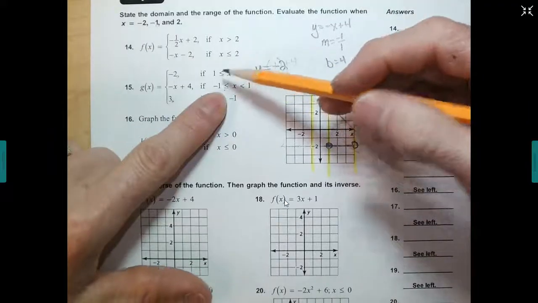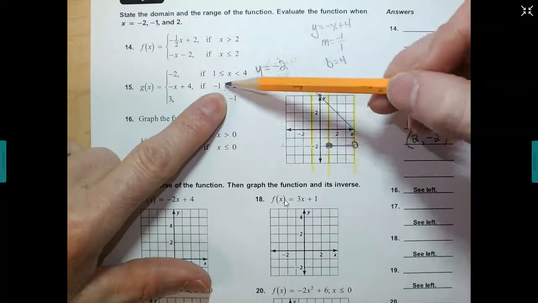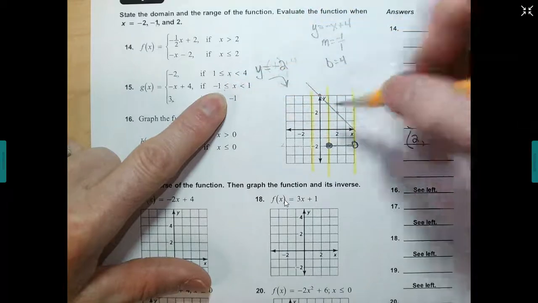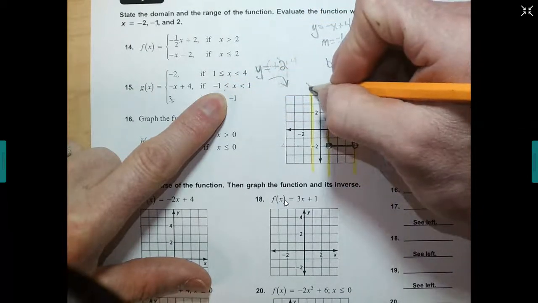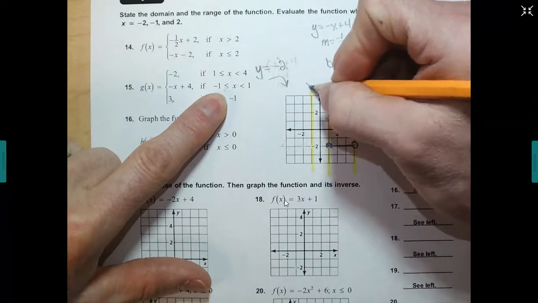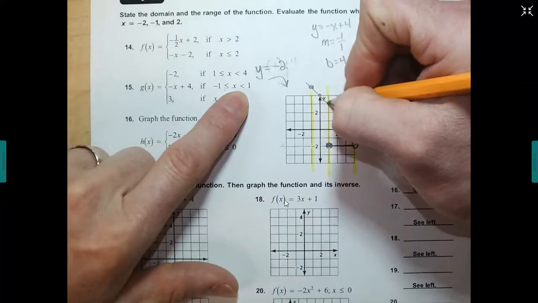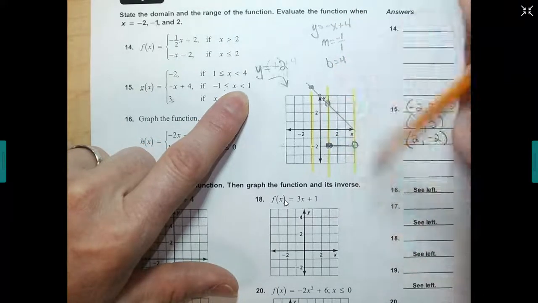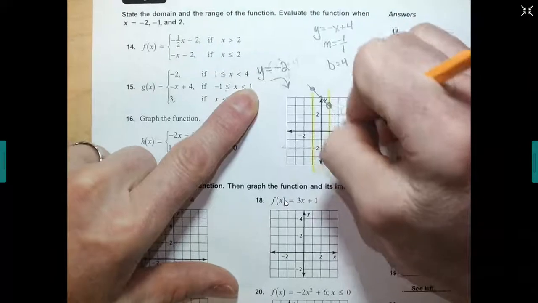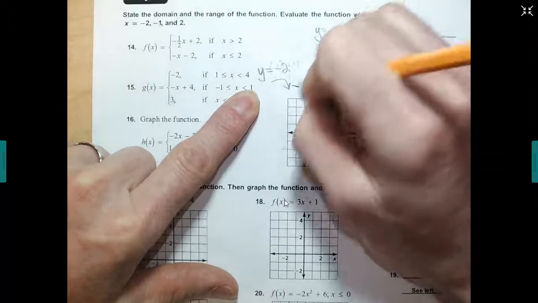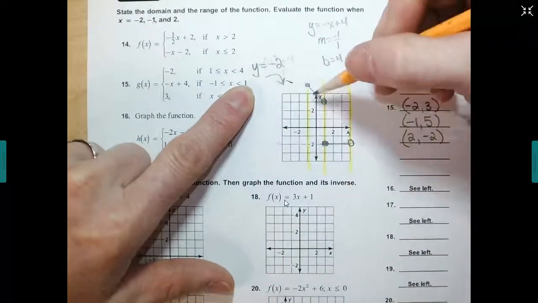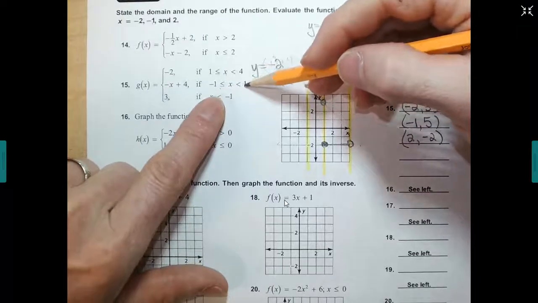Okay, there's my slope. Then I check my parameters. It's when x is greater than or equal to negative 1 and less than 1. So open circle. So there's that piece, and that's this one.